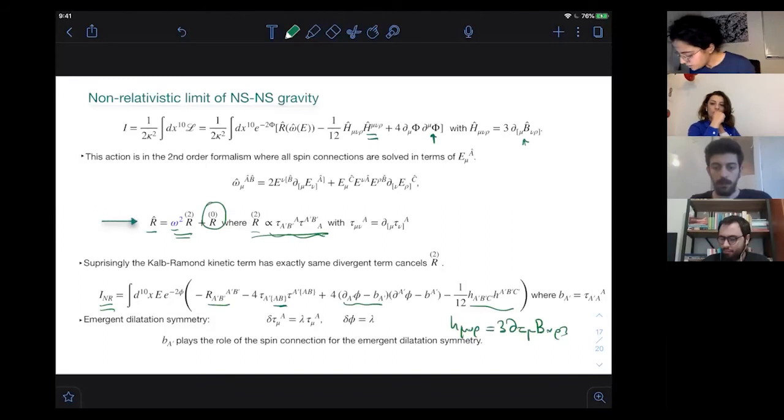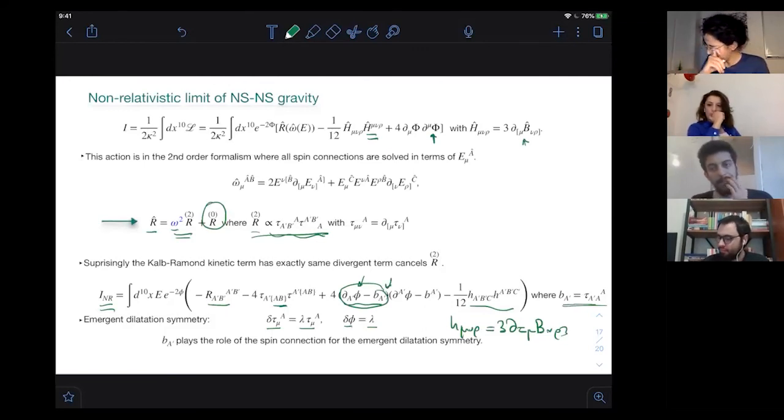The reason why I wrote down this kinetic term in that form is because of the emergent dilatation symmetry, which is not there in the relativistic case. So if you transform tau mu by lambda and d phi is just a shift, then this action is invariant under dilatation symmetry. And since d phi is not a covariant object under dilatation, it requires some kind of spin connection, B A prime defined here. In some sense, B A prime plays the role of spin connection for the emergent dilatation symmetry.